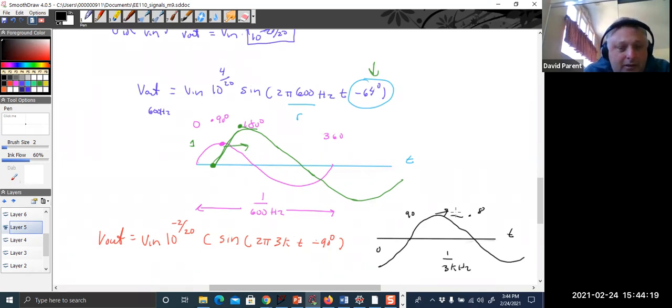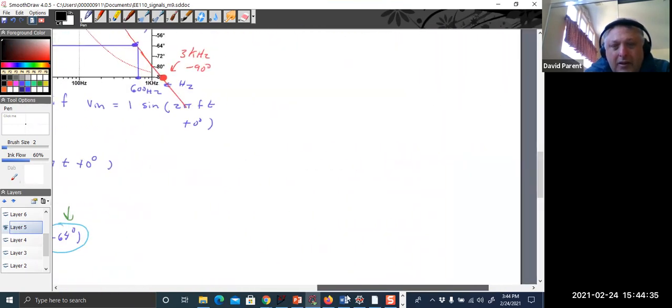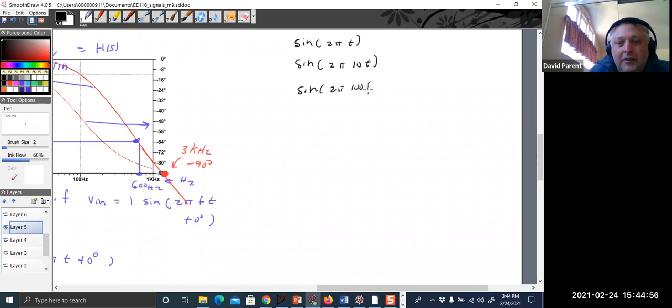Now, this all looks like I can draw all of these on top of each other, right? But let me see if I can find a better spot. This is why the Bode plot or the frequency domain is so useful, because let's just try to draw sine 2 pi t, sine 2 pi 10t, and sine 2 pi 100t.